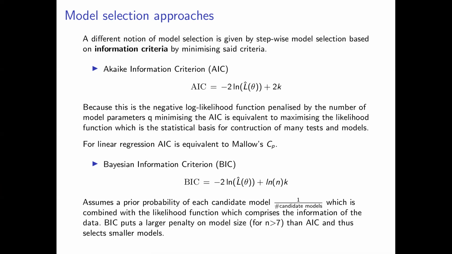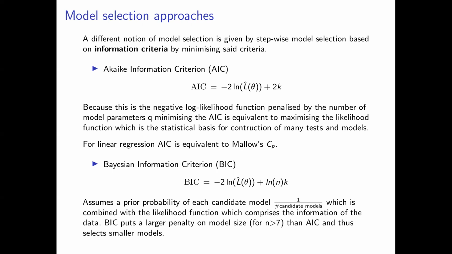The Akaike information criterion is basically -2 times the log likelihood plus 2 times the number of parameters in the model.